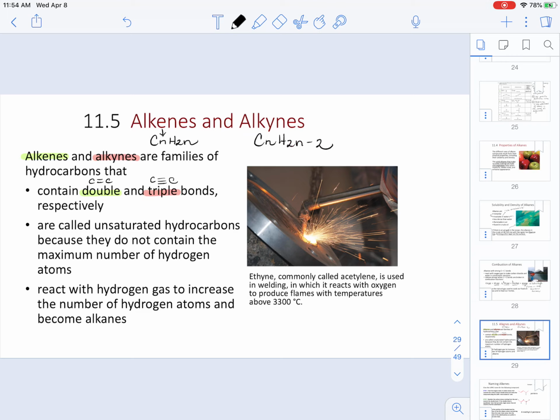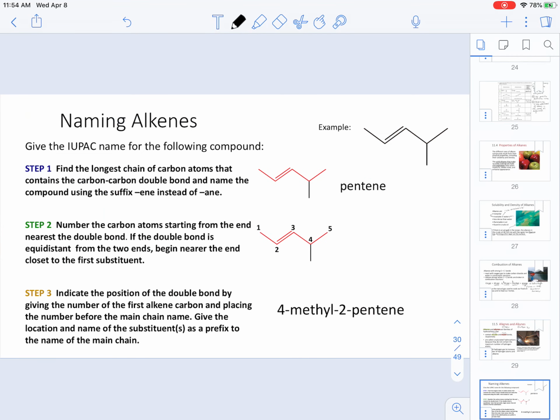These types of functional groups within the hydrocarbon family are called unsaturated hydrocarbons because they do not contain the maximum number of hydrogen atoms that a carbon molecule can hold. Understand that we are going to see the reactivity later in this chapter. First, we are going to be discussing how to name alkenes.